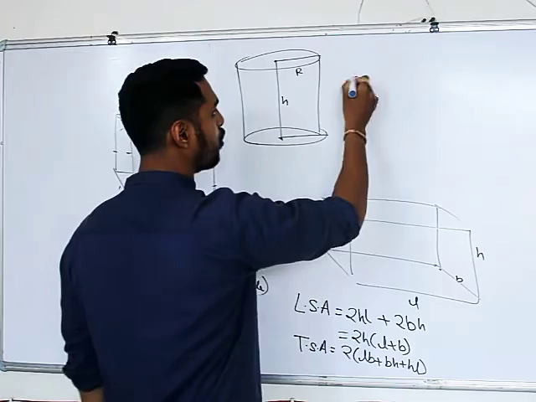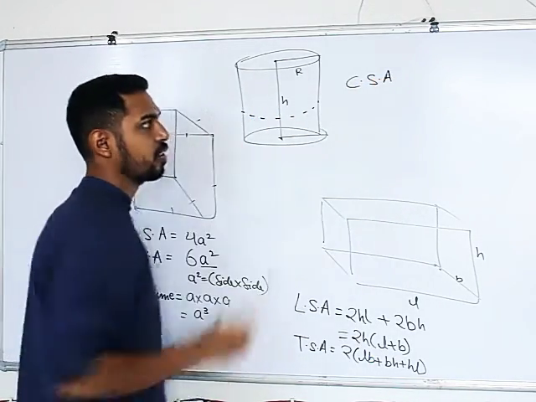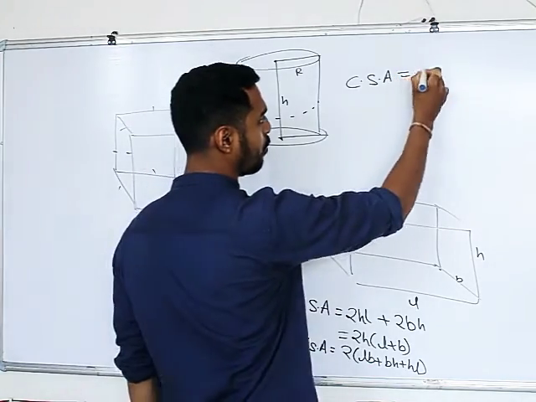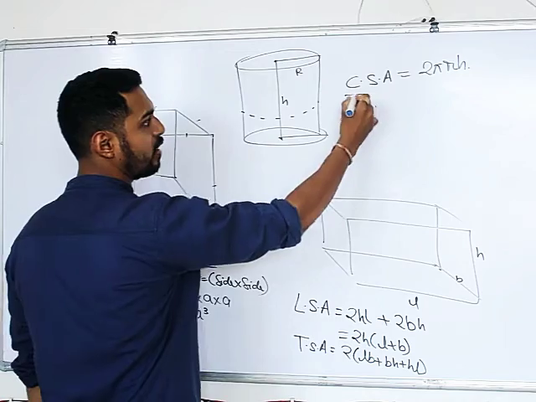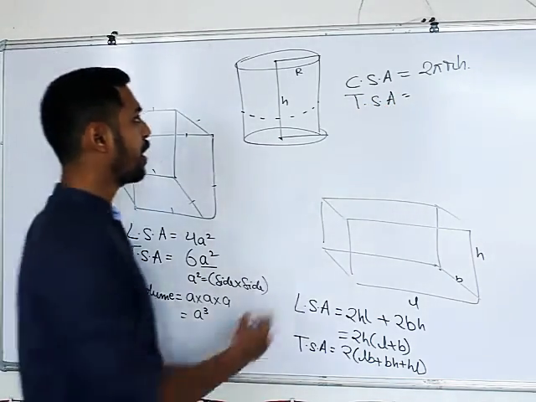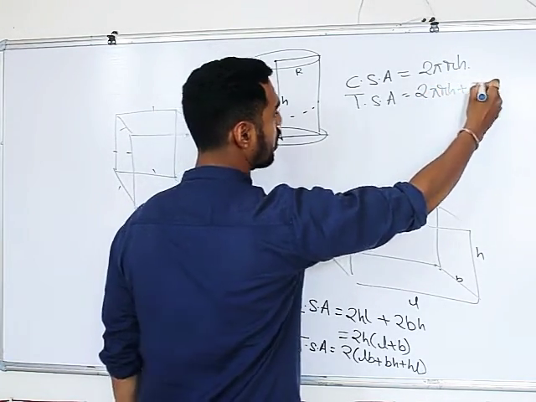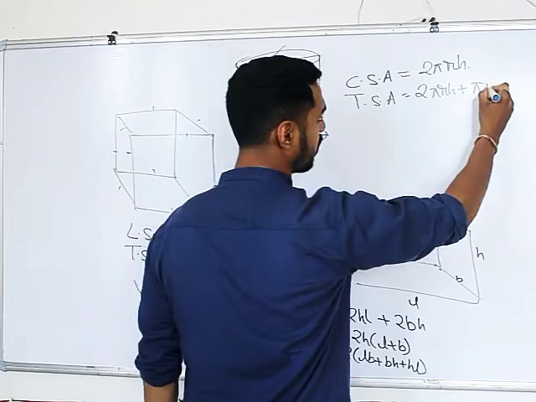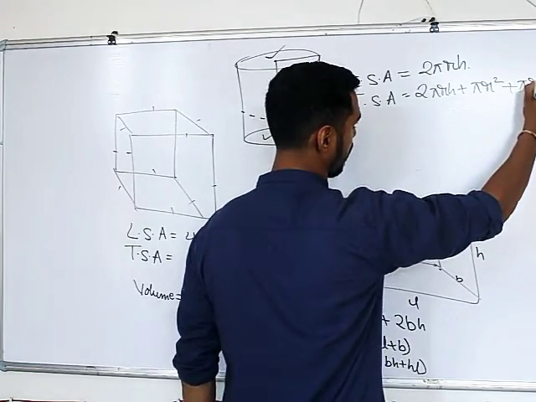Okay. So here curved surface area, that means this portion, will be 2 pi r h, and total surface area will be 2 pi r h plus, for the upper part, pi r square, and for the down part plus pi r square.